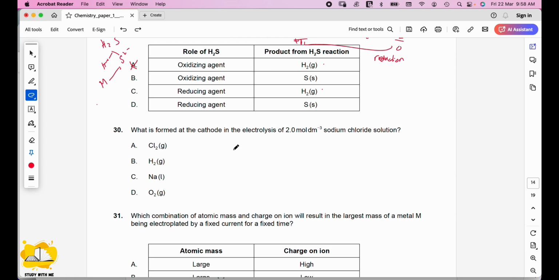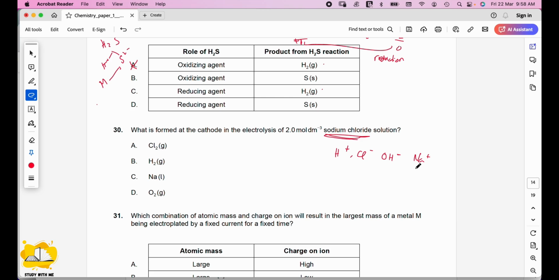Okay, for question number 30, what is formed at the cathode in the electrolysis of 2 mole decimeter cube sodium chloride solution? By default, actually NaCl. Okay, the electrolyte of NaCl will contain H plus, Cl minus, and also OH minus, and there is Na plus as well.